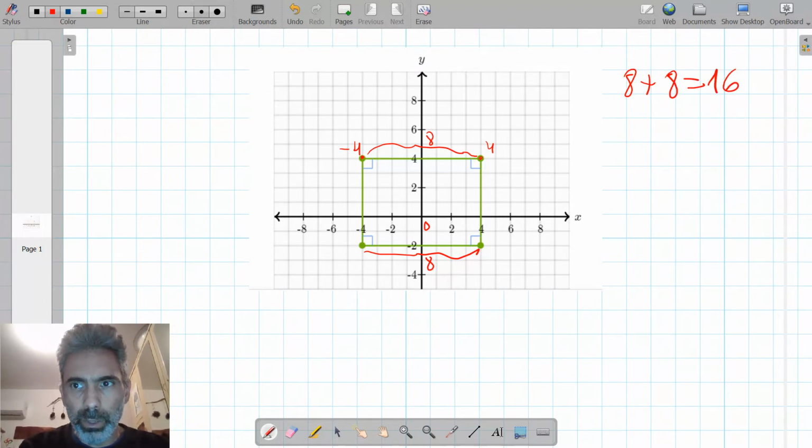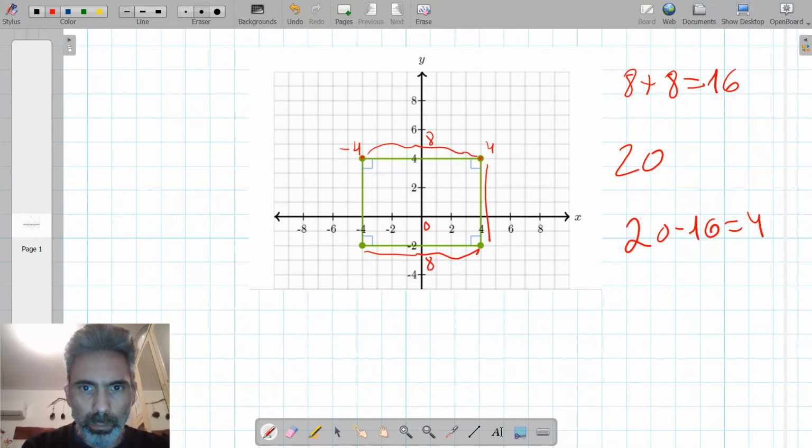And the total perimeter is 20, which means we have 20 minus 16 left for both the right and left side. So if we divide 4 by 2, we get 2.